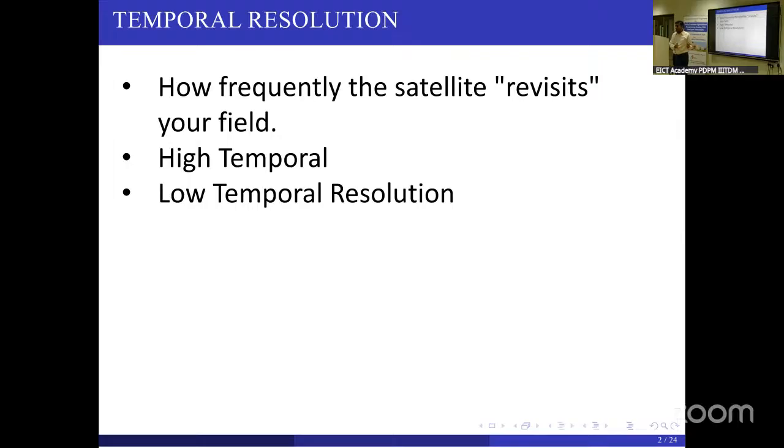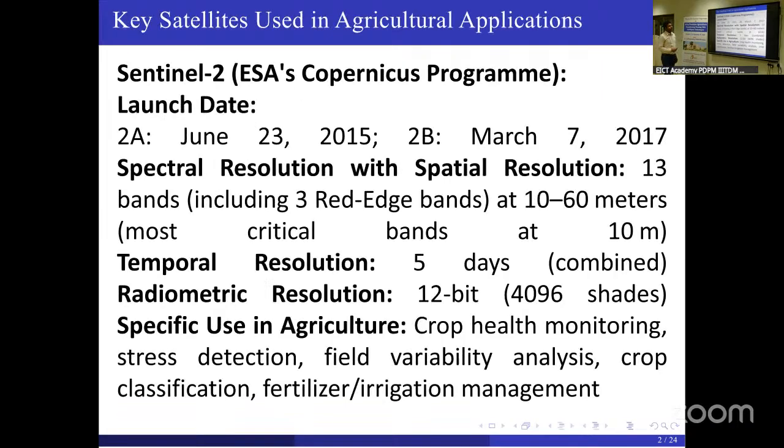First you check the resolution of a particular satellite, then you decide whether it will be able to perform your end application or not. On the basis of these 4 resolutions, we have different satellites. Here we are going to discuss the freely available data sets.